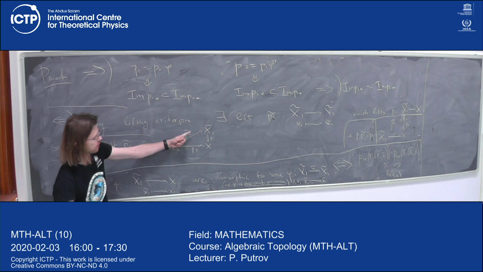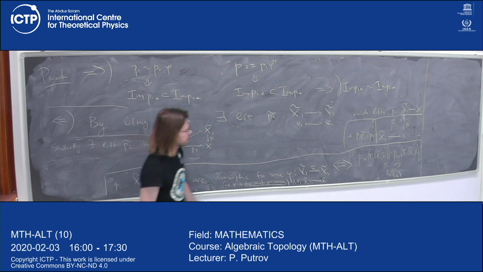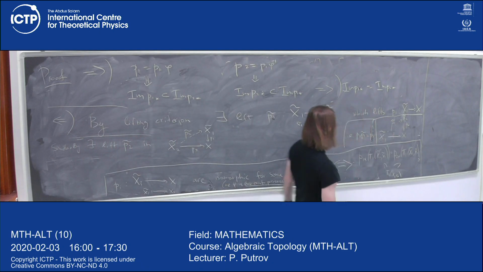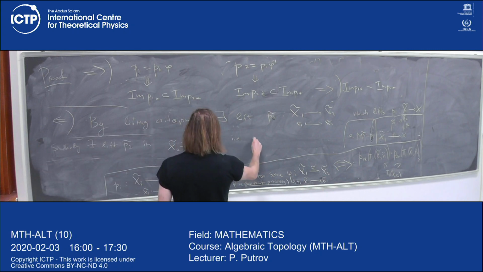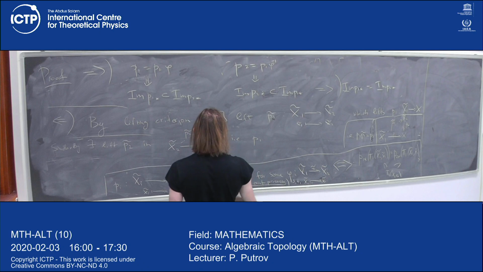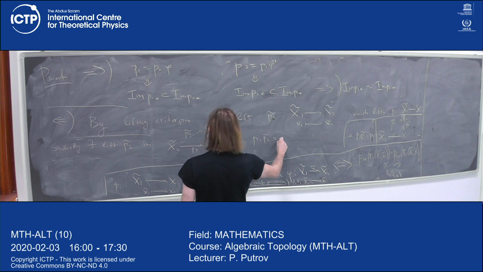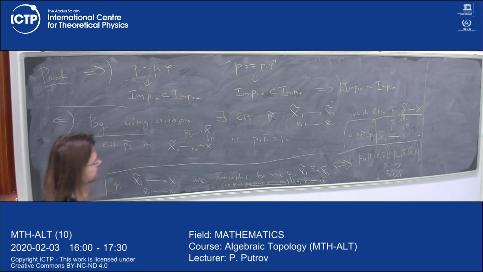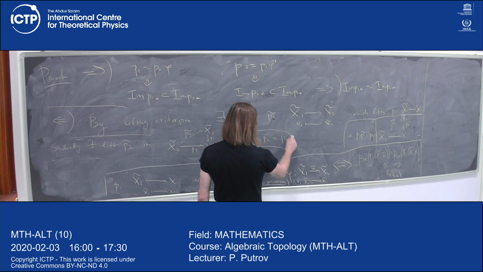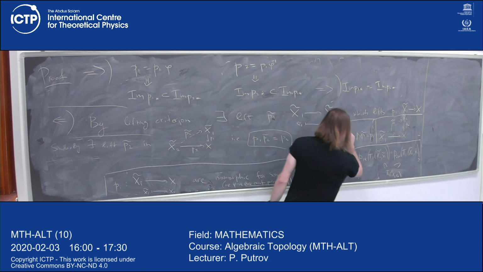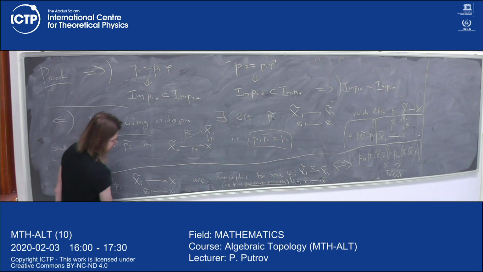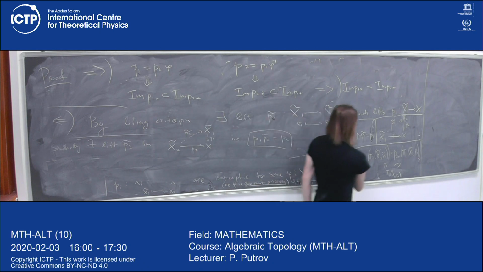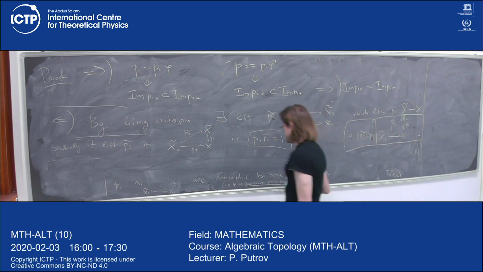So we lift p2 with respect to p1, and here we lift p1 with respect to p2. In terms of the composition, it just means that p1 times p2 tilde equals p2. Let me note it by this. Now I want to use these two relations.